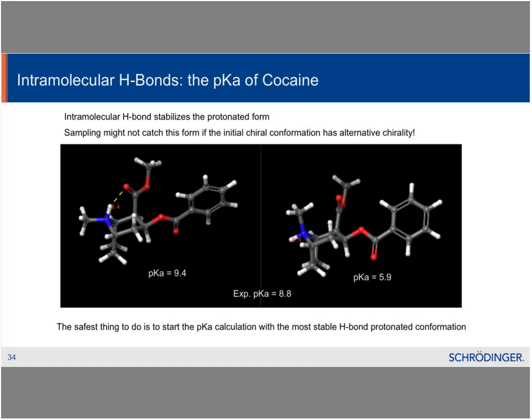If you start with the protonated form and it's in the wrong stereochemistry, because this protonation creates a stereocenter, then what's going to happen is that when you sample conformations using, let's say, a force field program like MacroModel, the program doesn't want to change the stereo configuration of this molecule.